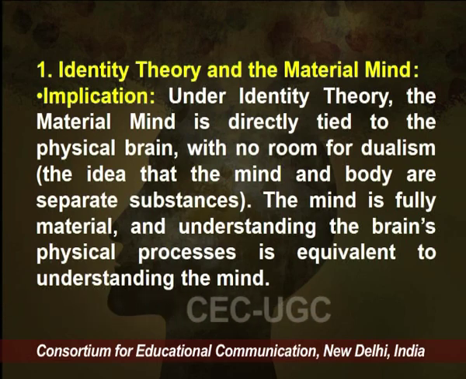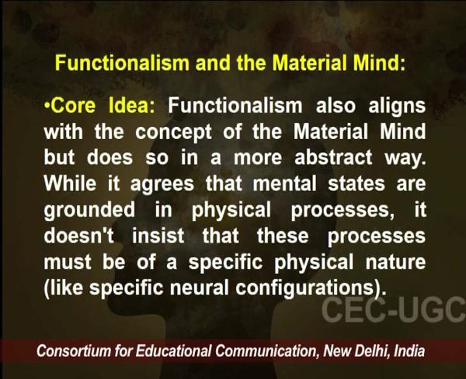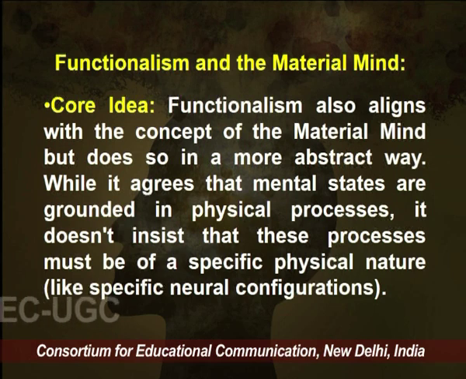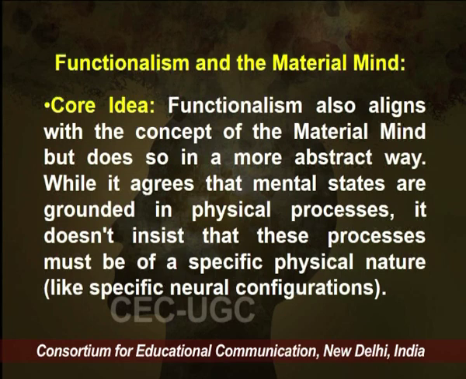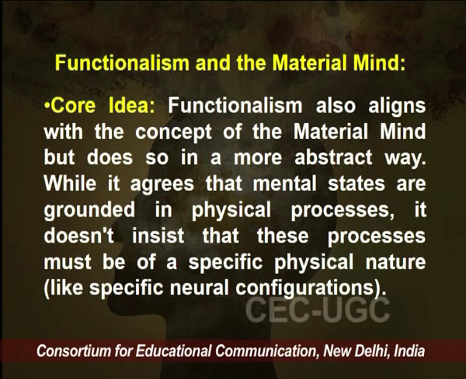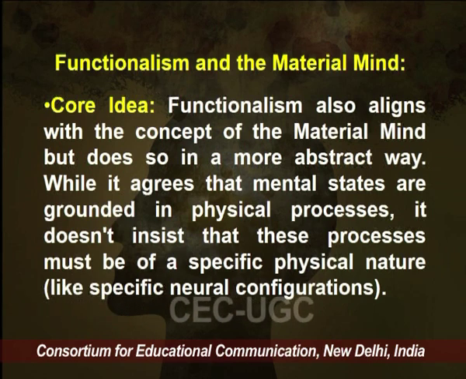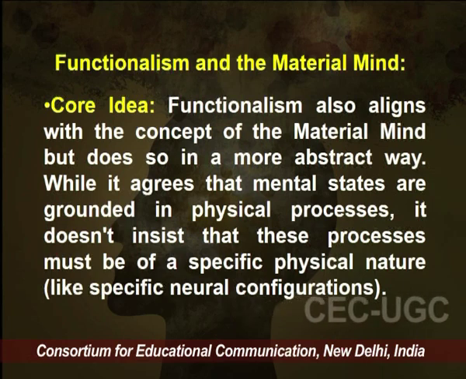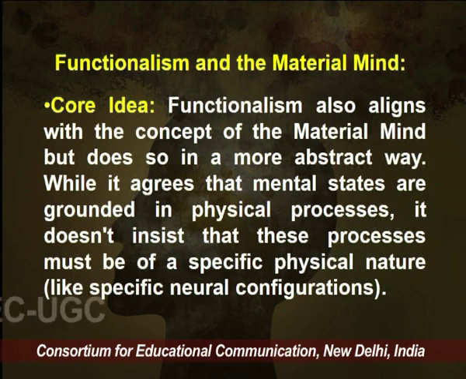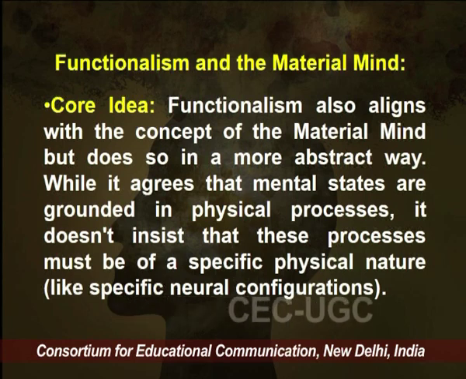Now, we will focus on functionalism and its implication on the material mind. Functionalism, as we had noticed, also aligns with the concept of the material mind, but does so in a more abstract way. While it agrees that mental states are grounded in physical processes, it doesn't insist that these processes must be of a specific physical nature, like specific neural configurations.